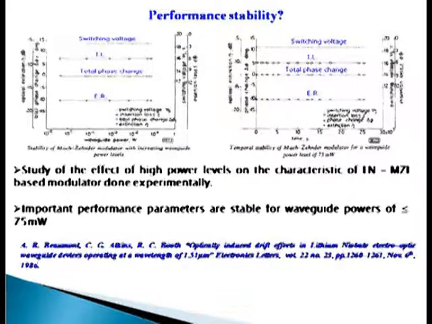These were the authors. They have done a very good work and they have come up with some good outcomes about this structure in 1986. What they have done, they have designed the Mach-Zehnder interferometric optical switch, and then they have checked its performance for a range of power and over a period of time.